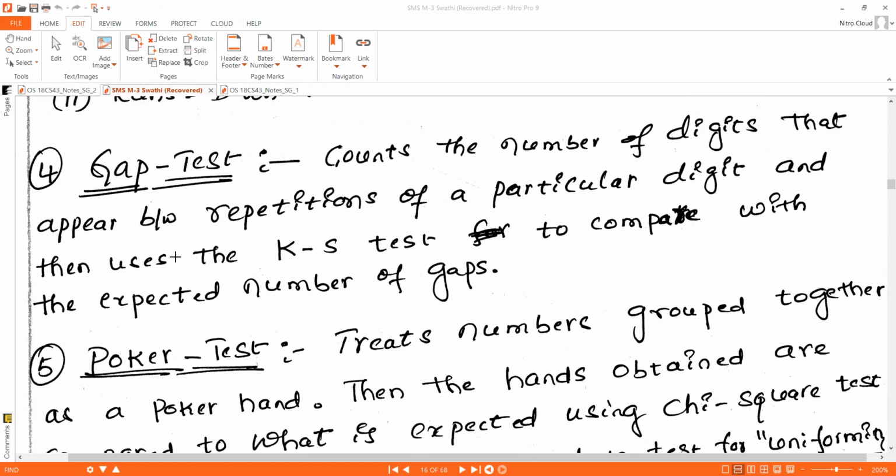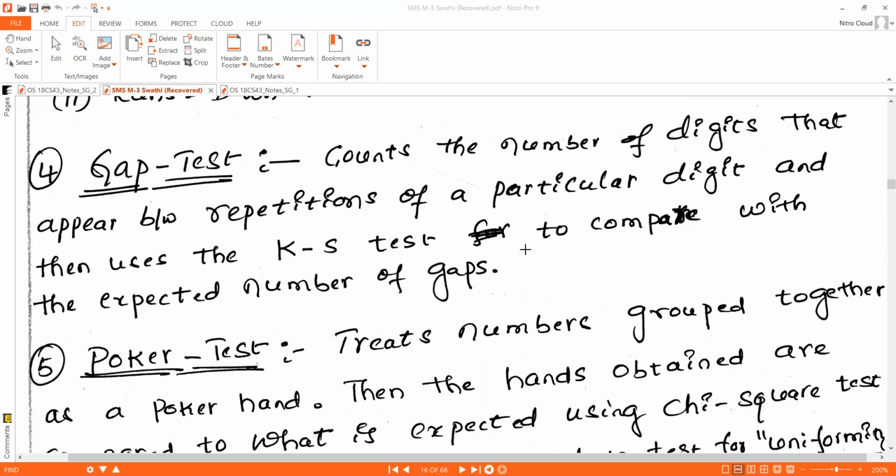The gap test counts the number of digits that appear between repetitions of a particular digit, and then uses the KS test to compare with the expected number of gaps. That is called the gap test.